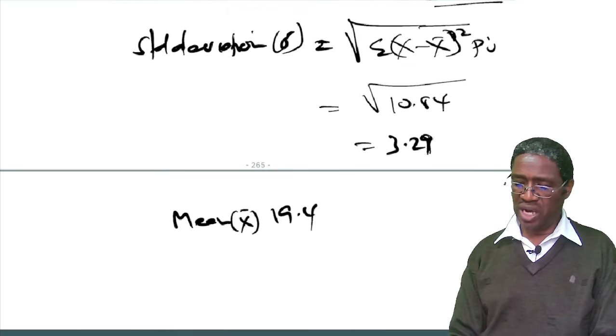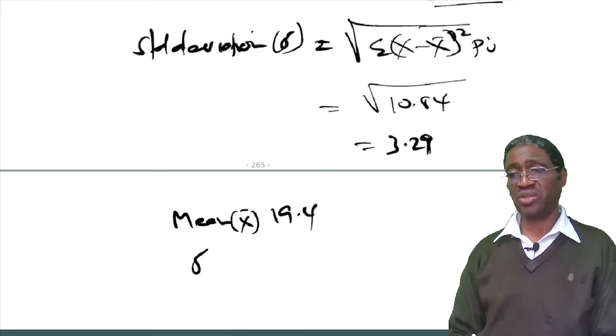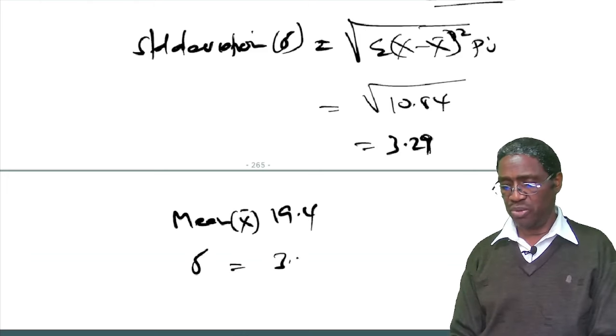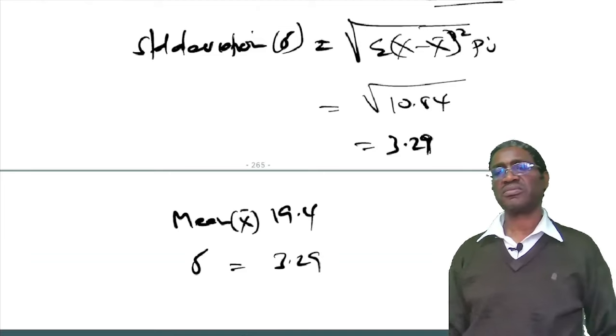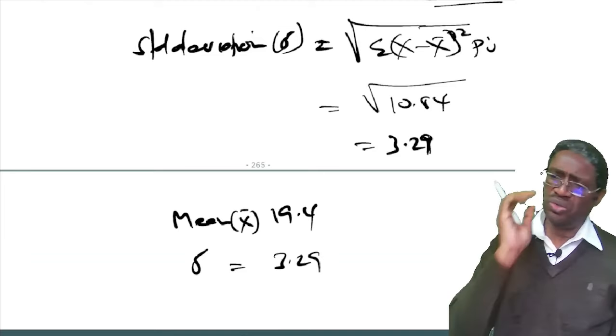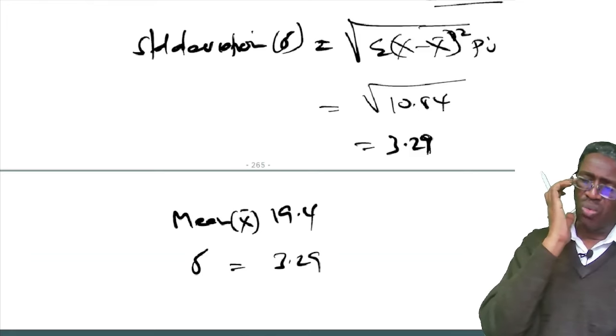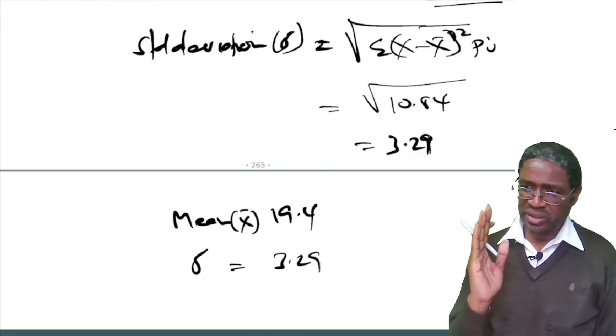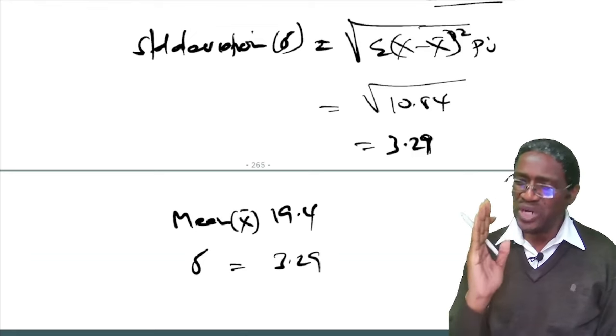That was X bar. Our standard deviation theta was 3.29. You may want to know what is my risk per unit?